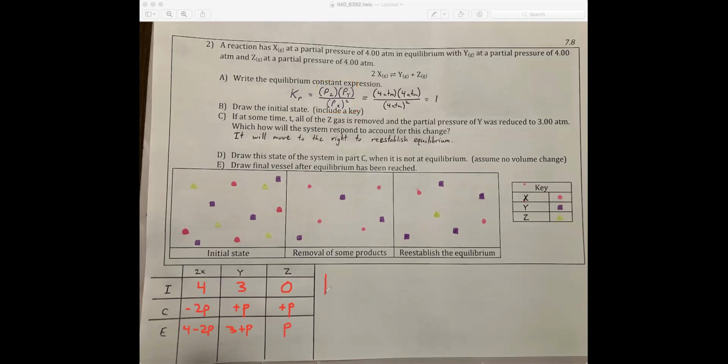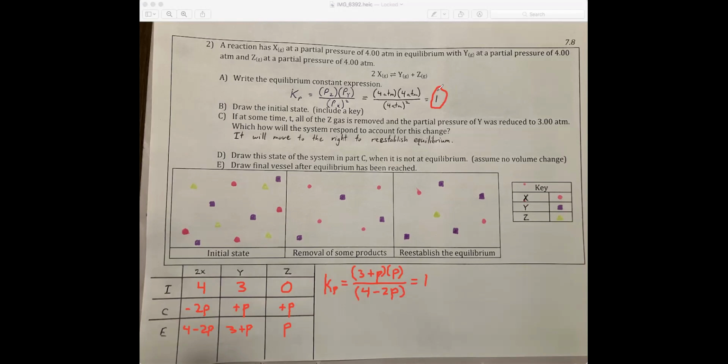All right, so the Kp, which turns out to be 1, we have the products on top, so we get 3 plus P, and then P, and then 4 minus 2P, but that's going to be squared. And we're not going to try to solve this, even though we can, because we have the grapher. I'm going to set this equal to 1 because that's the equilibrium constant that we solved in part A.